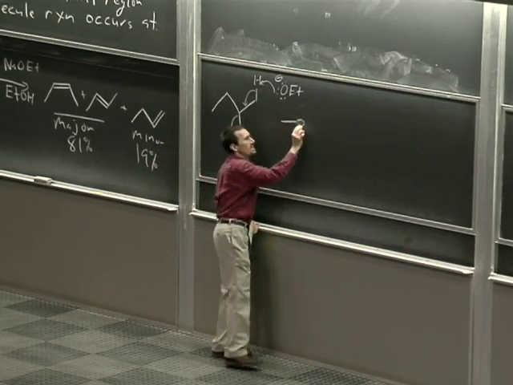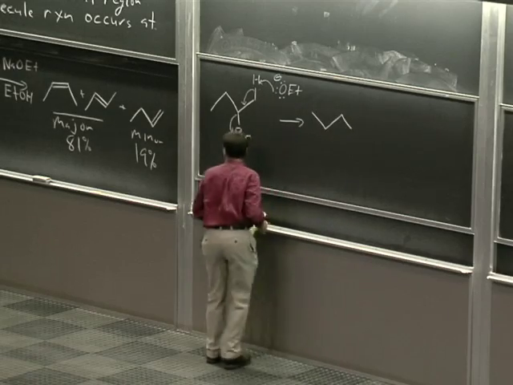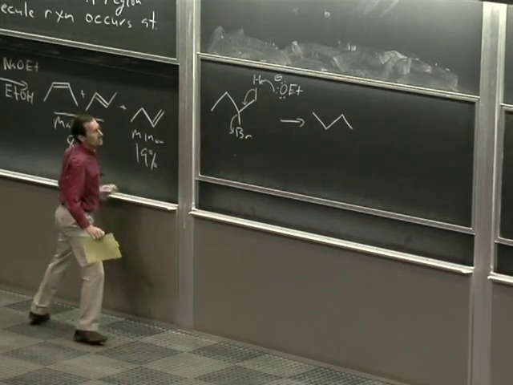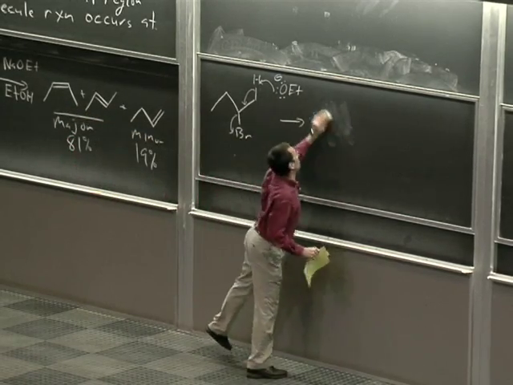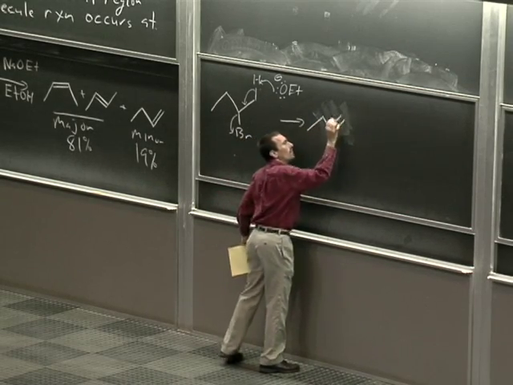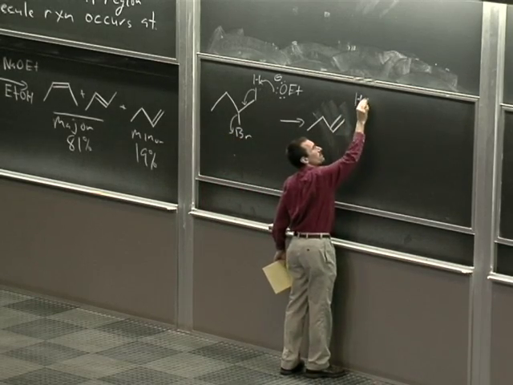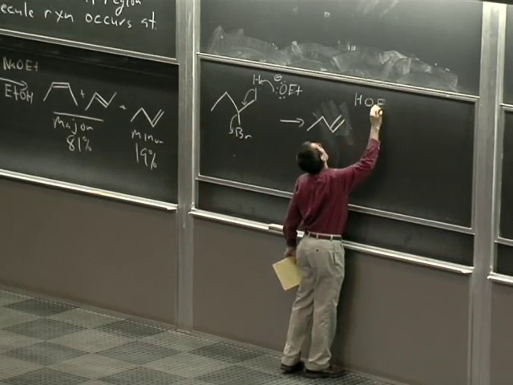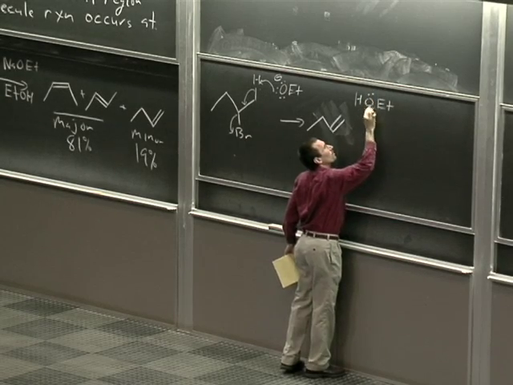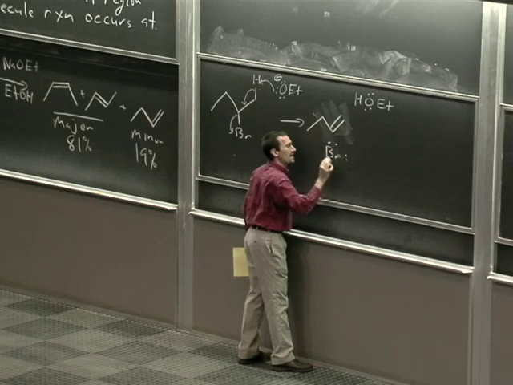And at the end of the day, let me write it in the same way, what we have is 1-butene, plus ethanol, plus bromide anion.